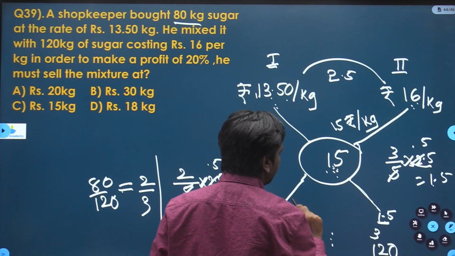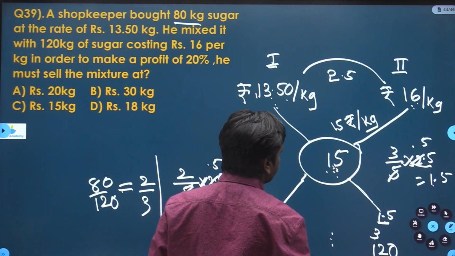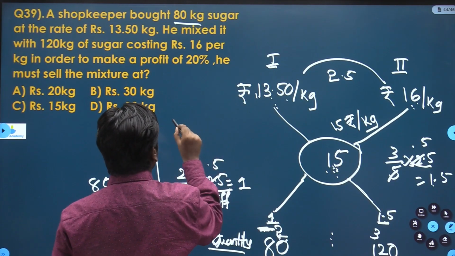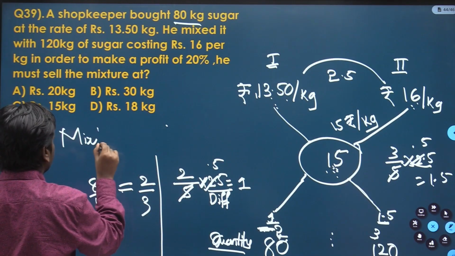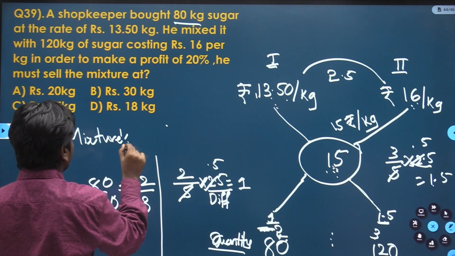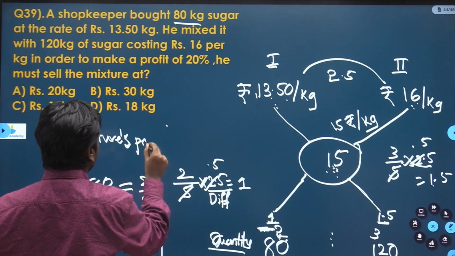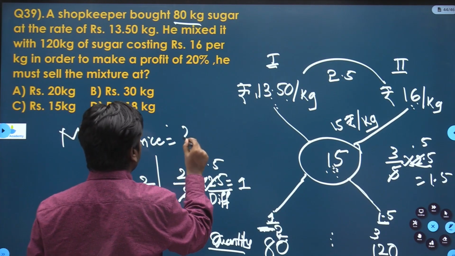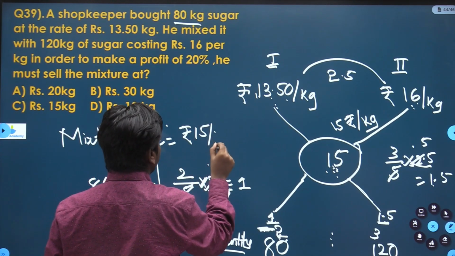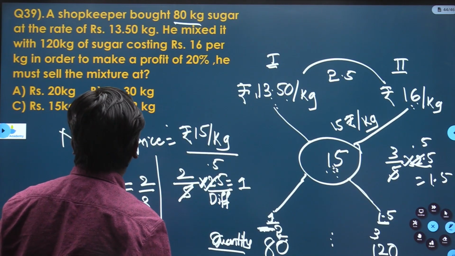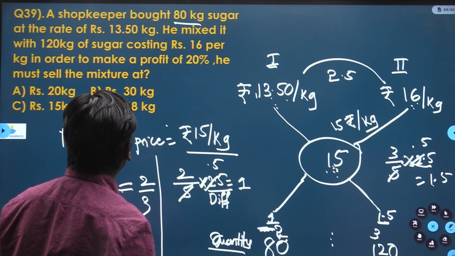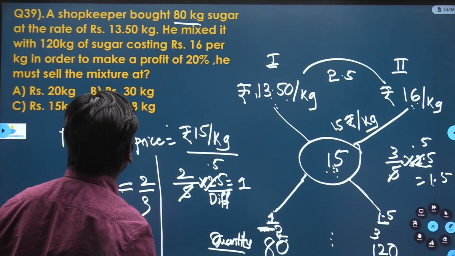We know the 1.5, we know the 13.5. Here also we got 15. So the mixture's price is rupees 15 per kg. But for how much do we want to sell it to have a profit of 20%?